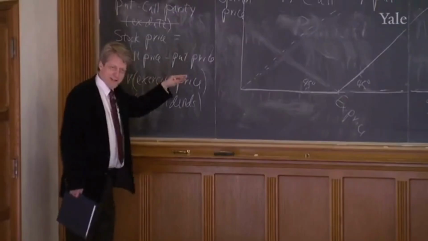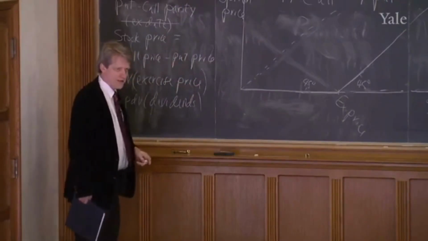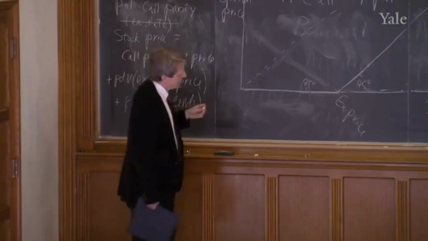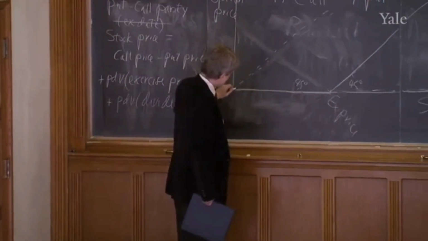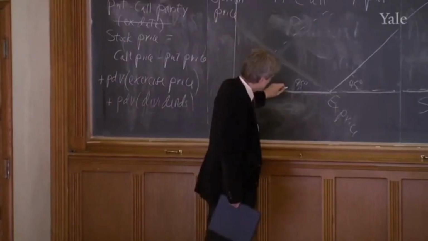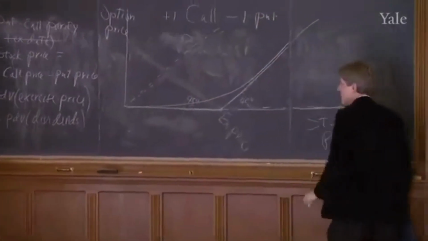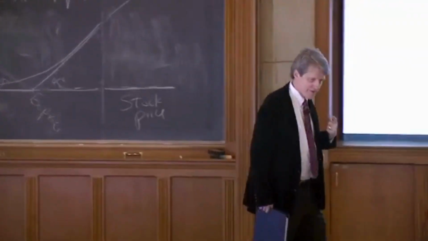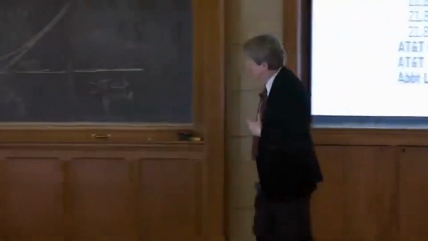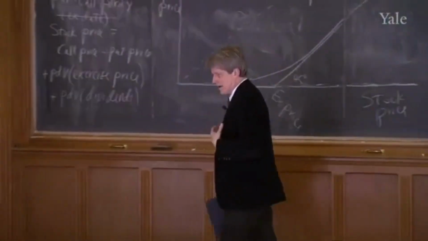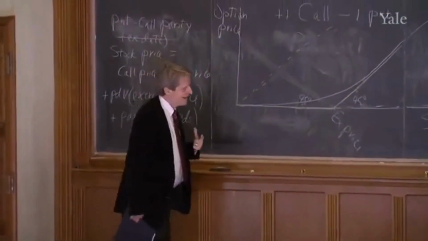And the closer you get to the last day, the closer the option's price will get to that curve. So on some day before the exercise date, the call option price will probably look something like that. It's above the broken straight line because of option value. So think of it this way. Suppose an option is out of the money today.